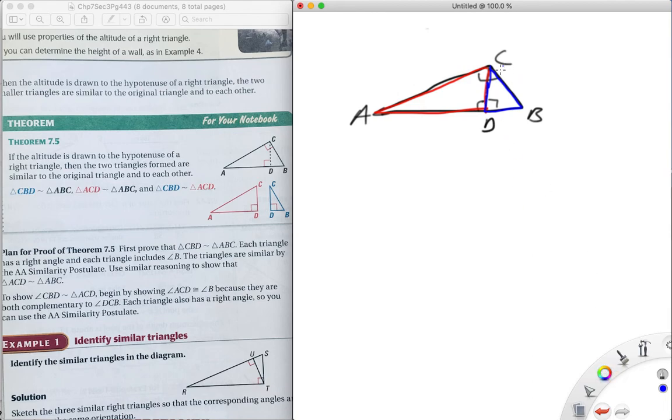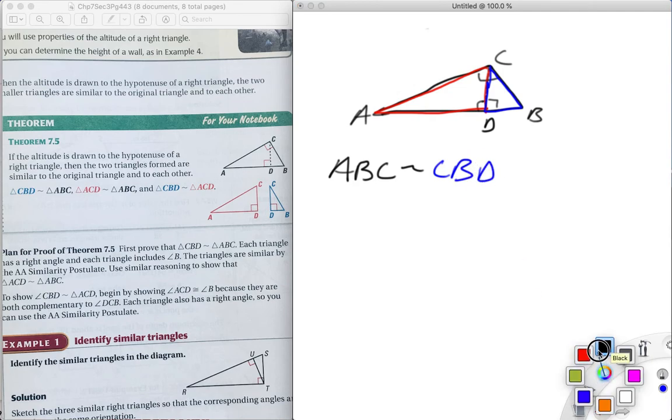When you form that altitude, so if we were looking at this, they already did it for us. Triangle ABC, which is the biggest of the triangles, is similar to the smallest triangle, CBD. ABD is also similar to the bigger triangle.